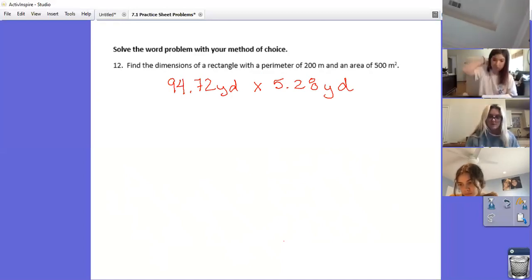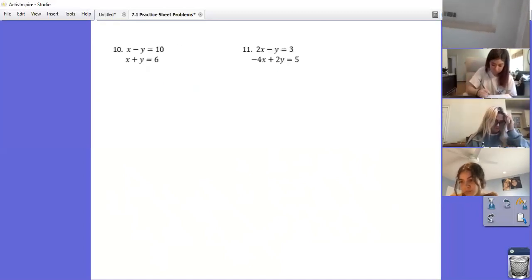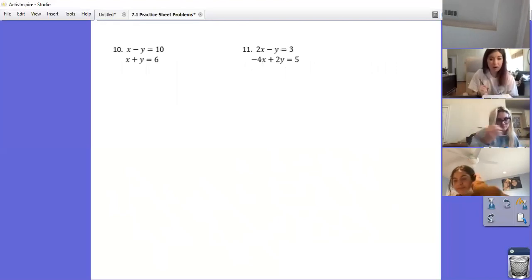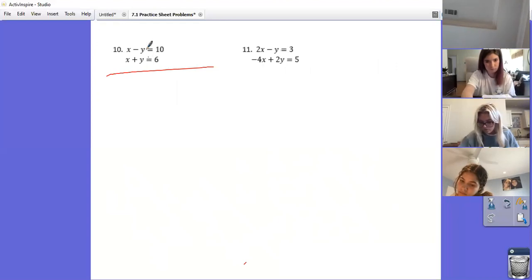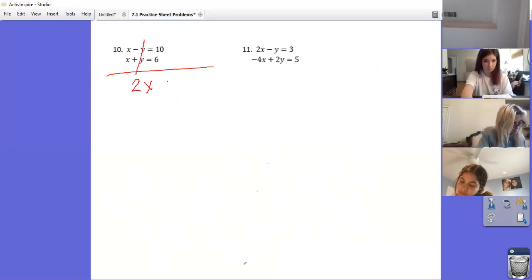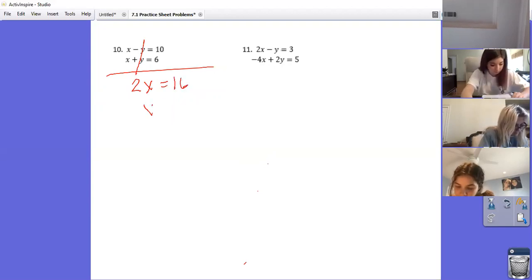All right. So Emily, you said number 10, right? I got 2 instead of -2, but when I worked it out in both equations, it still came out as 2. All right, so it's already set up for elimination. When you add the two equations together, the y's cancel. You get 2x equals 16. So x is equal to 8. And then I'm going to plug that back into the first one.